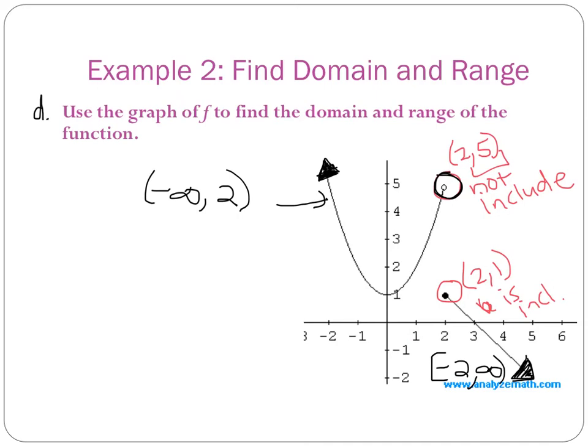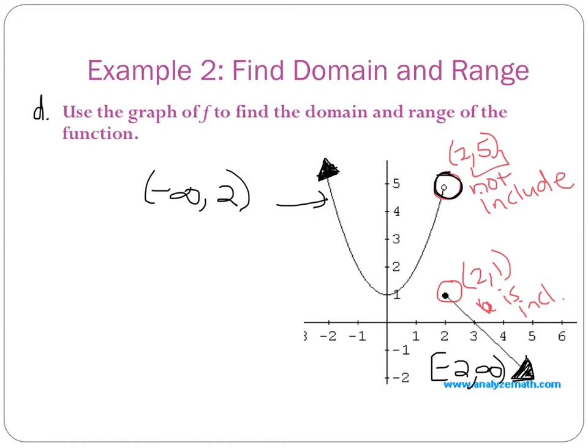Remember, I'm describing the domain, which is only the x values here. A lot of people will say, Mrs. Hanson, why, if this arrow is pointed down, why are we going to positive infinity? Well, because we are only describing the x values. The range is going to be affected by the fact that this arrow is pointed downward, because we're going to go downward infinitely, which means the least y value is going to be negative infinity. And the same thing here, since this arrow is pointed upward, our highest y value is going to be positive infinity.